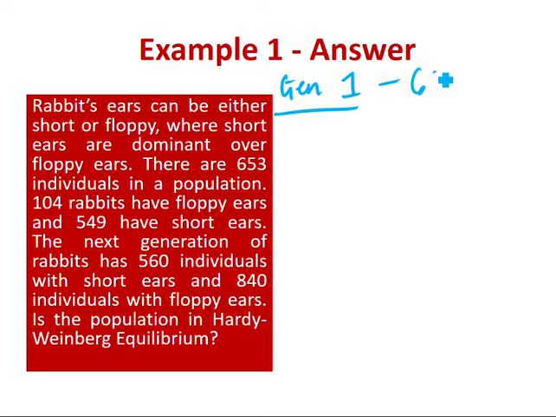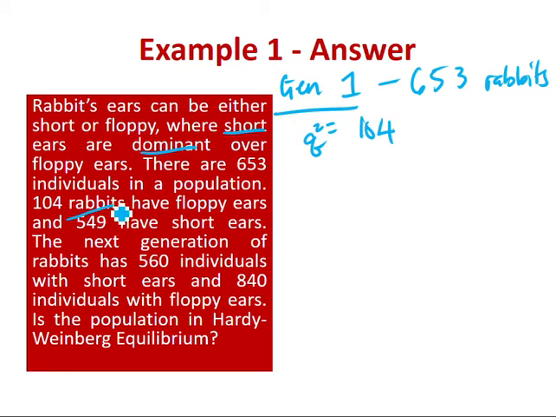Now, generation 1. We have a total of 653 rabbits. Short ears are dominant, so floppy ears are homozygous recessive. So q squared is 104.